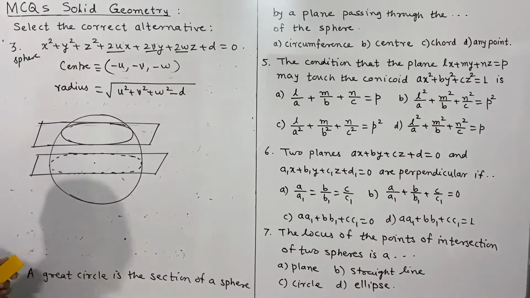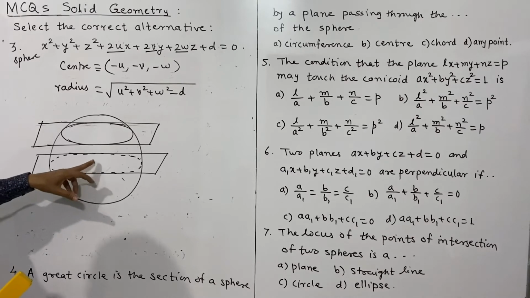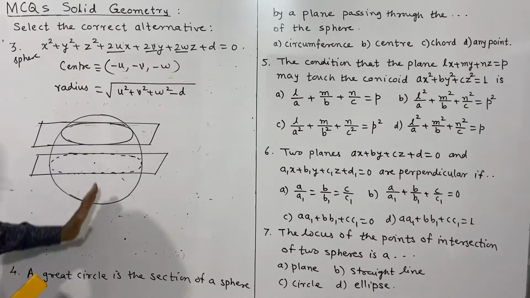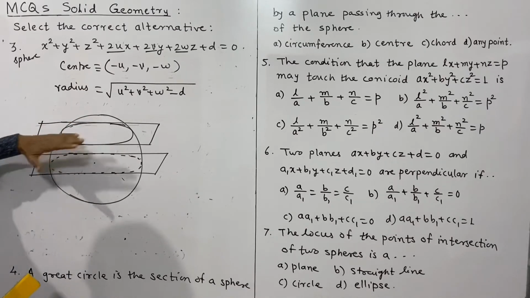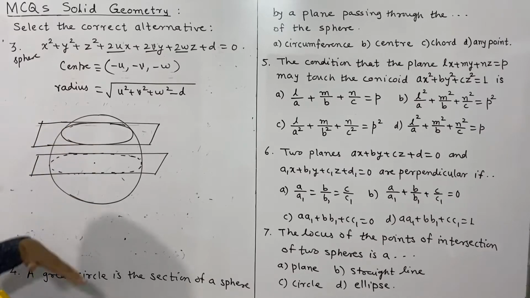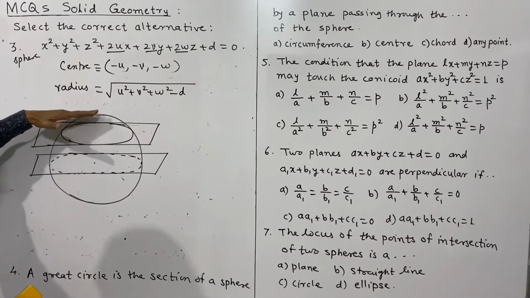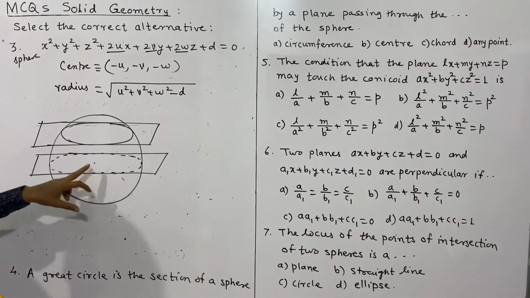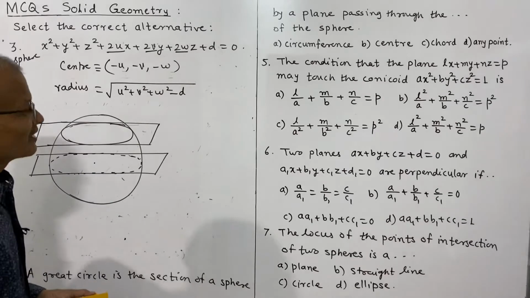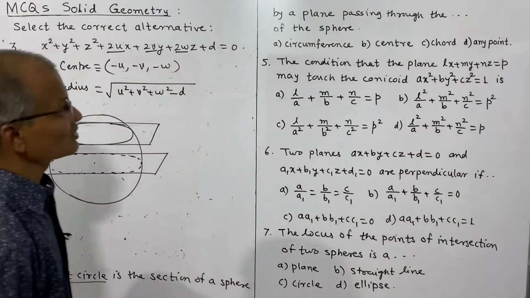It is a circle, and this circle is known as great circle. So if this plane is perpendicular to some axis that we can consider, and the section is taken like this, the section of a sphere by a plane gives a circle, and if the plane passes through the center, then we will get a great circle. Great circle passes through the center.